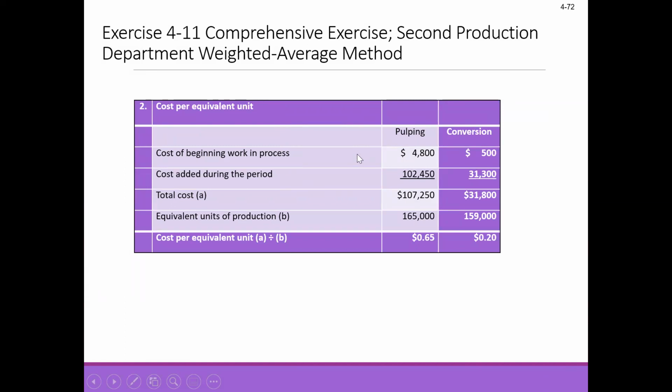We added our costs during the period, 102,450 and 31,300, for our total costs. And then here from the previous slide showed our equivalent units of production. To figure out the cost, you take the total and divide that by the units of production: 65 cents for pulping and 20 cents for conversion.